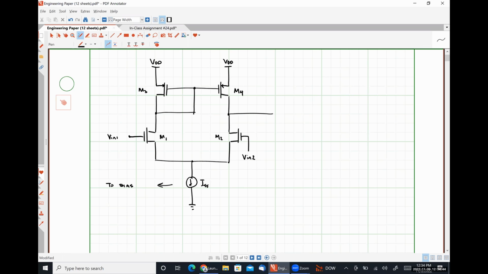Okay, so we have here a differential stage. And according to our simulations, we get a gain of roughly, I think it was 23 volts per volt, which anything above 20 for a single differential stage like this is actually quite good.